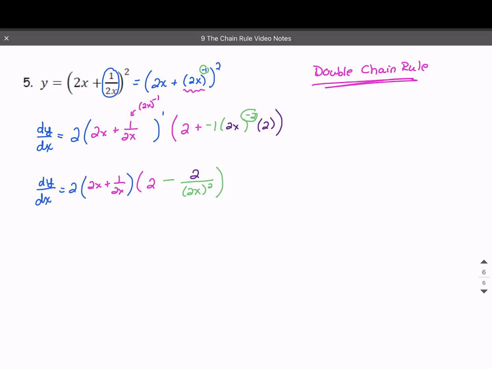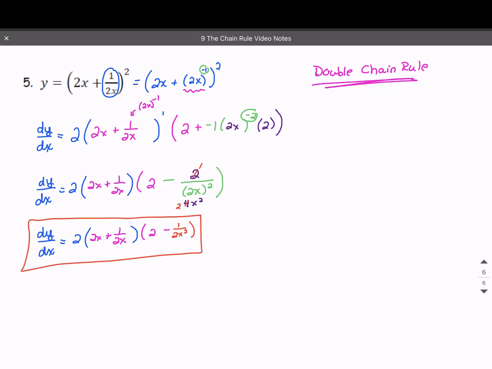And guess what? We're still not done. Because now we have dy dx equals 2 times the quantity 2x plus 1 over 2x times 2 minus, now here's the thing, this denominator here is 4x squared, but 2 goes into 2 once and into 4 twice, so this is going to be 1 over 2x squared. And now we have finished our algebra, and there we go, my dears.